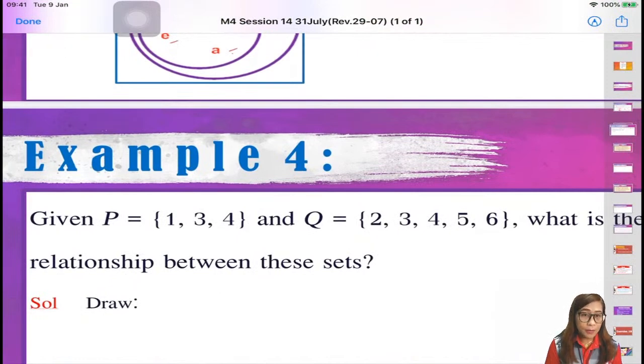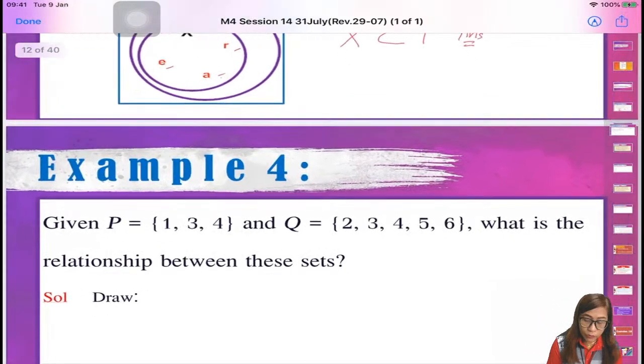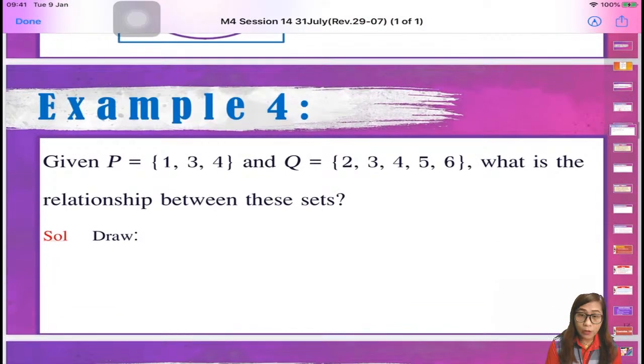Given P is the set of 1, 3, 4, and Q is the set of 2, 3, 4, 5, 6. What is the relationship between these sets? So if you are asked to draw the circles, so for us to understand the meaning easily, how do you draw it? First, you'll have to consider the elements.